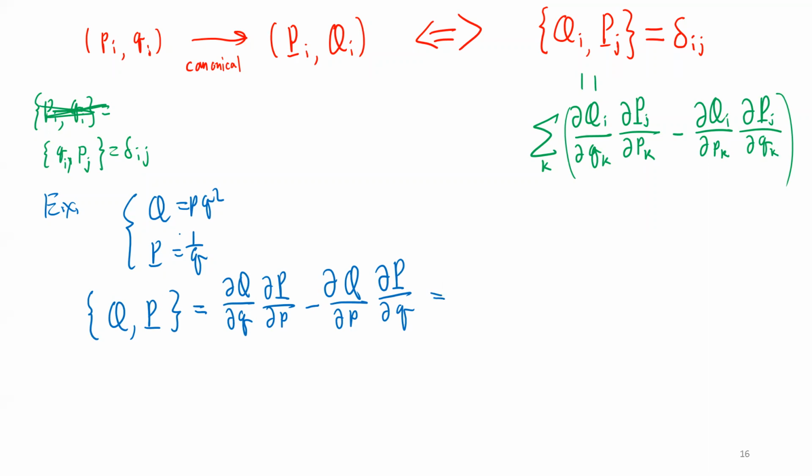What is that? That is 2 times small p times small q. But partial capital P, partial small p is just 0. And then minus partial capital Q, partial small p, which is just small q squared, and then partial capital P, partial small q, which is minus 1 divided by small q squared. Then that would give you 1. So that verifies that this is true.